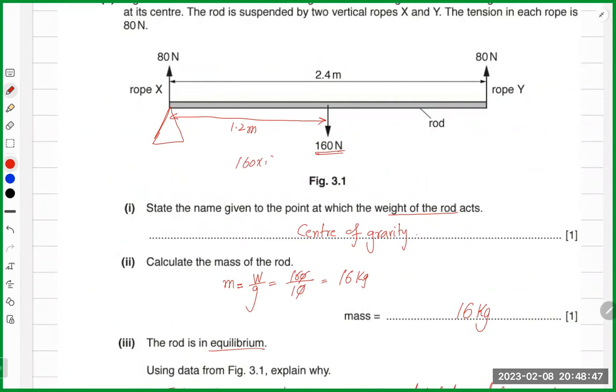About X. About means I'm considering X as a pivot.